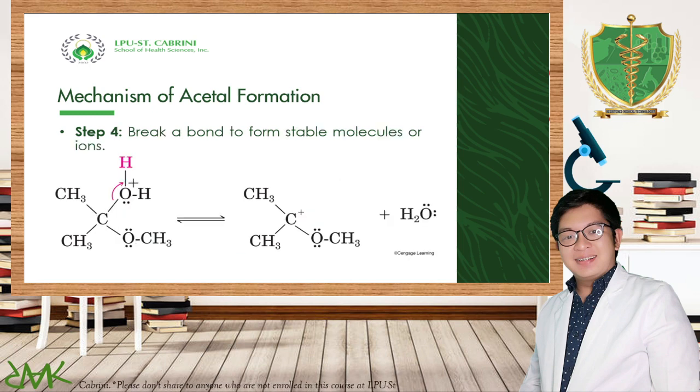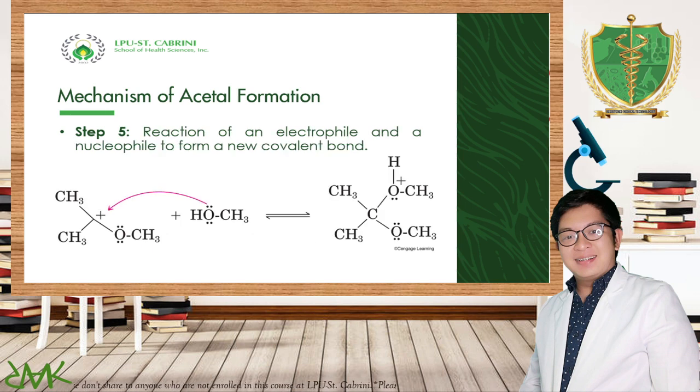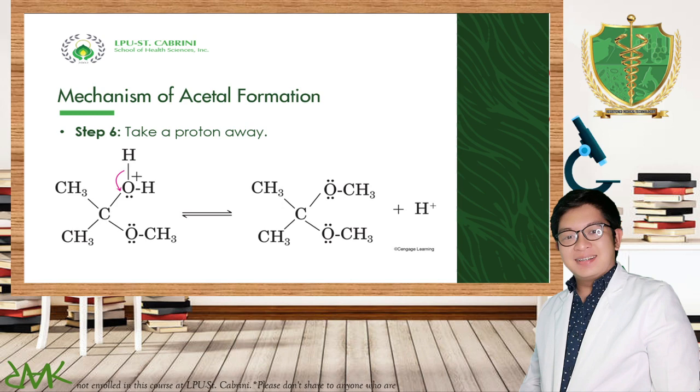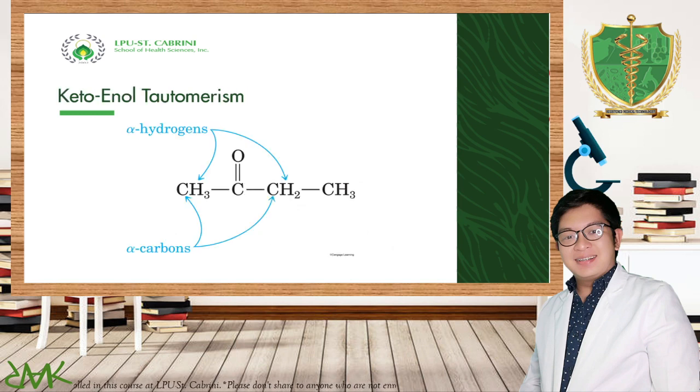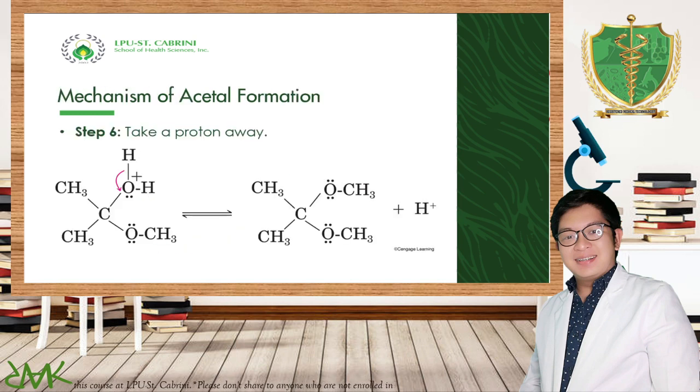Step 4 is the breakdown into stable molecules or ions. Step 5 is the reaction of electrophile and nucleophile to form a new covalent bond. Step 6, take away the proton. Those are the steps in the formation of acetal.